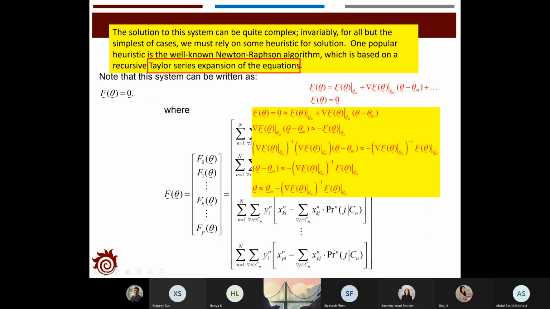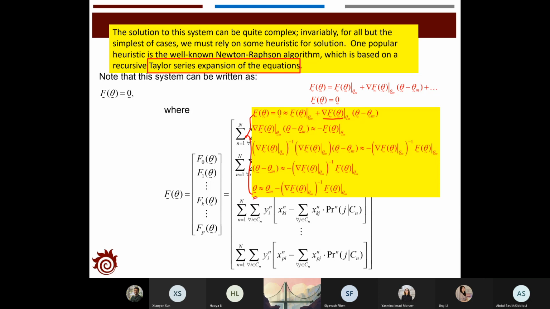Usually for this calibration, we will not consider the components with higher orders. We will only consider the first order derivative, the partial derivative of f(theta), and with these derivatives we can find the formula for the iteration, which is from the Newton-Raphson algorithm.